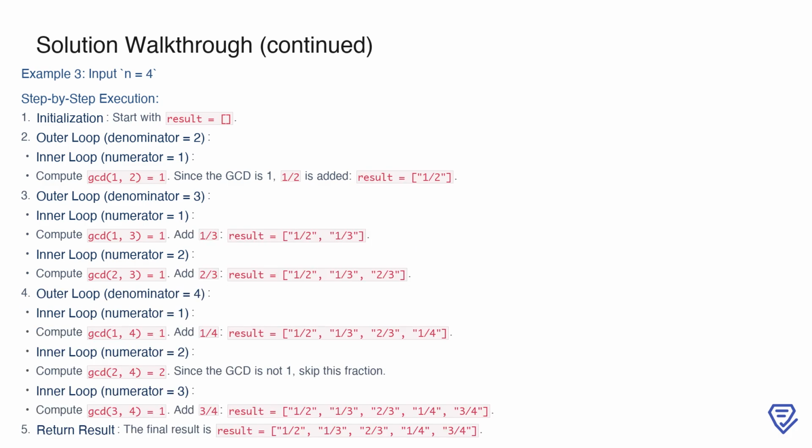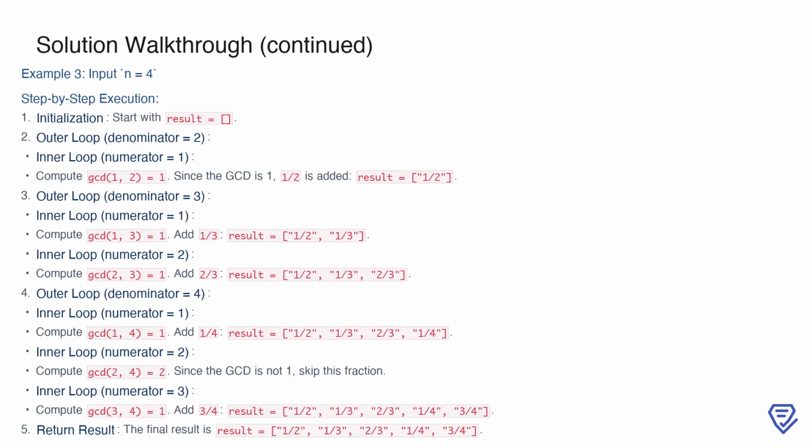For the case where the input is n equals 4, we again start by initializing the result list as empty. The outer loop begins with denominator equals 2. The inner loop sets numerator equals 1, and the GCD of 1 and 2 is calculated as 1. Since the GCD is 1, the fraction 1/2 is added to the list, making result equals 1/2. Next, the outer loop progresses to denominator equals 3.